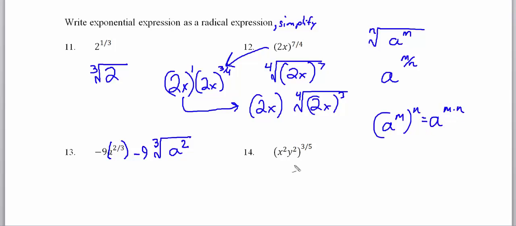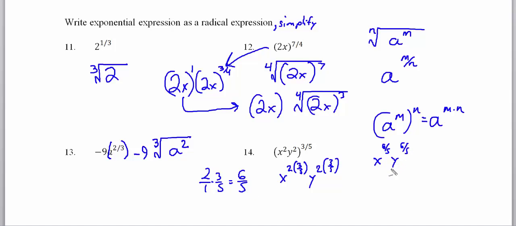So I'm going to use that rule here, and that way I get x squared multiplied by 3/5, and then I'd have y squared multiplied by 3/5, and 2 over 1 times 3 over 5 is the same thing as 6/5. So what I have here is x to the 6/5 times y to the 6/5, and there's a lot of different ways now to go about simplifying this expression.